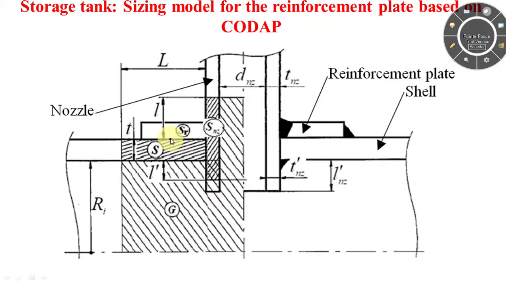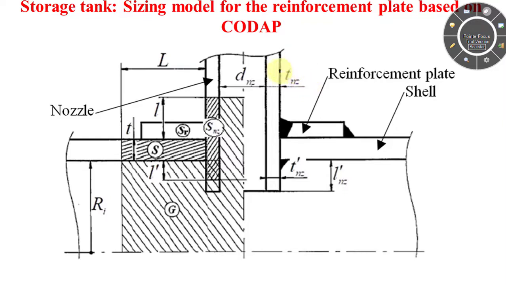So, this model depicts a shell with an internal radius Ri and a thickness T. And we have an opening, and on this opening, a nozzle is installed. The nozzle has an internal diameter D subscript NZ, to say the internal diameter of the nozzle, and the thickness of the nozzle TNZ.